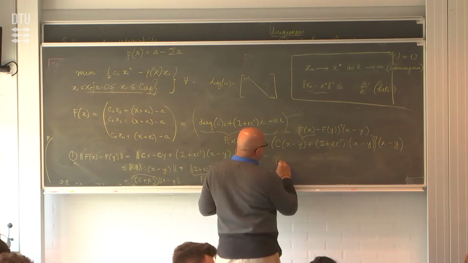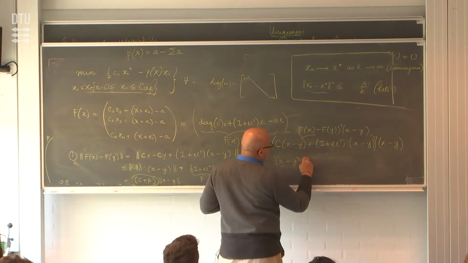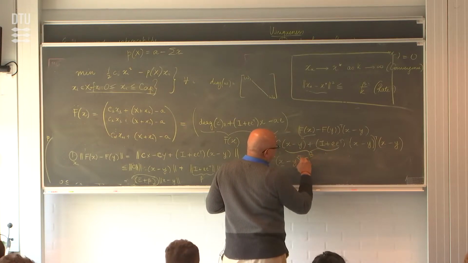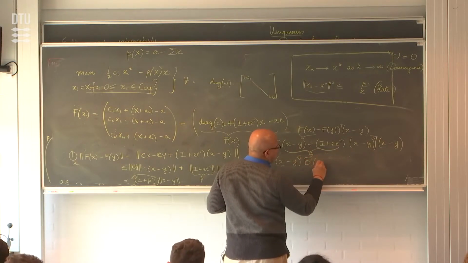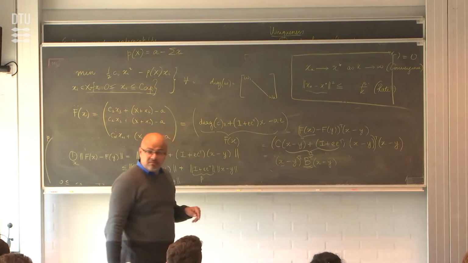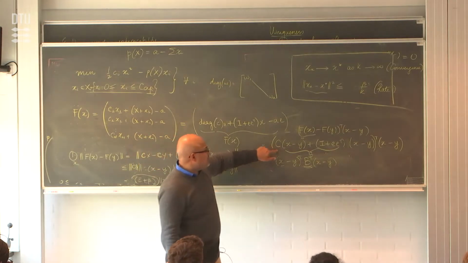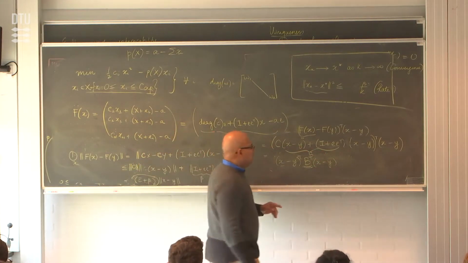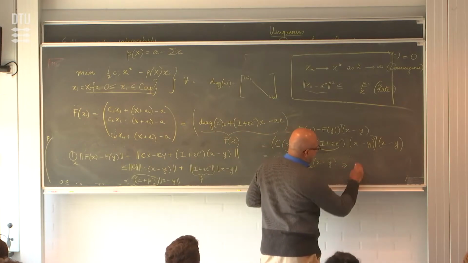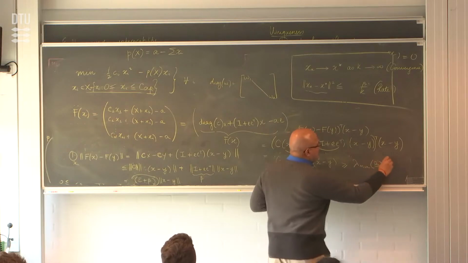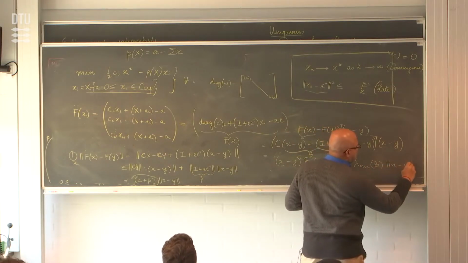So what you're going to get is x minus y transpose, let's call this B, B x minus y. And this is a symmetric matrix, because C is symmetric and I plus E transpose is symmetric. So this is greater than the minimum eigenvalue of B times x minus y squared.